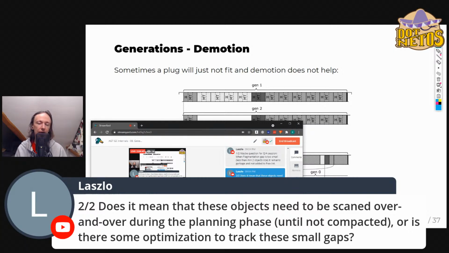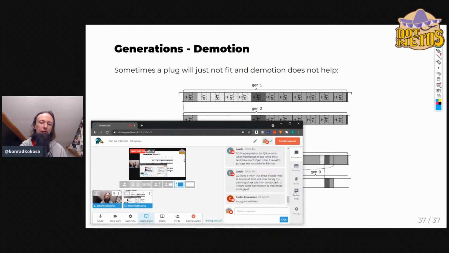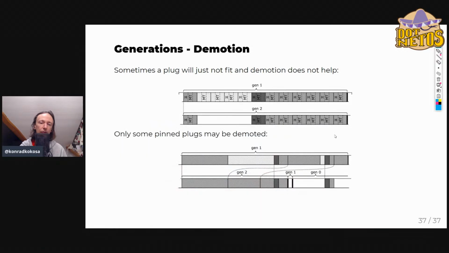So this is another dynamic heuristic that is kept per generation. It simply keeps information about the amount of such unusable fragmentation, and if it is big enough in terms of bytes, or in case of ratio to the total size, I don't remember now, we treat it as one of the reasons why we should compact.